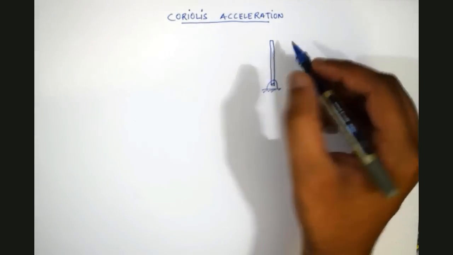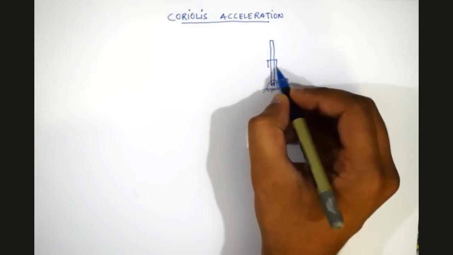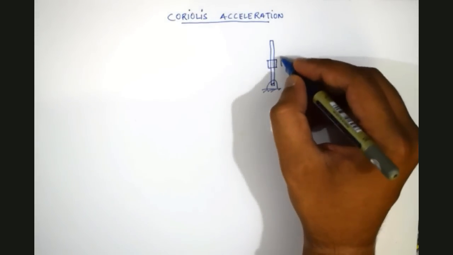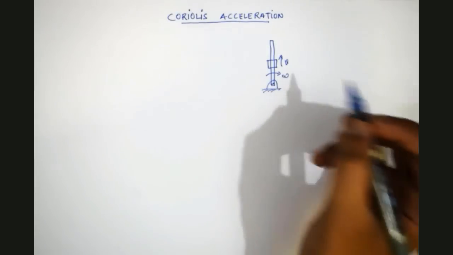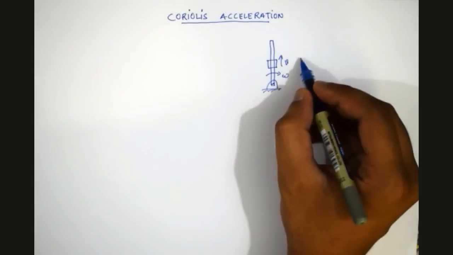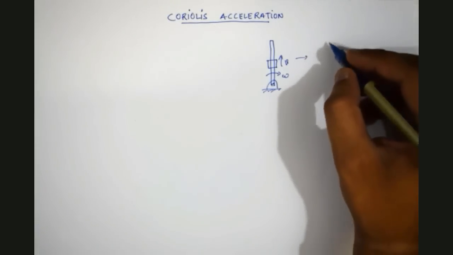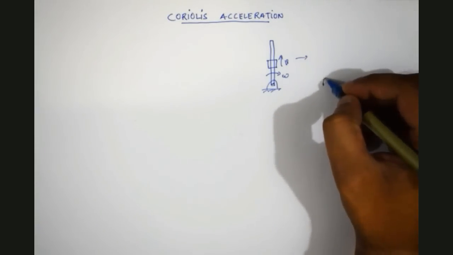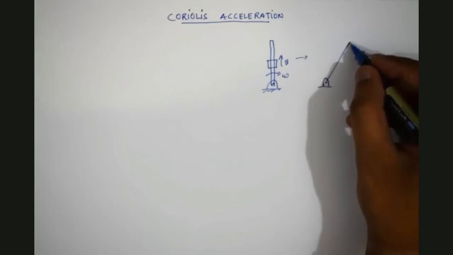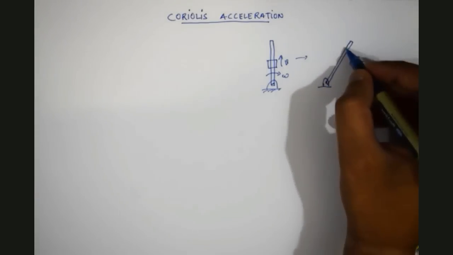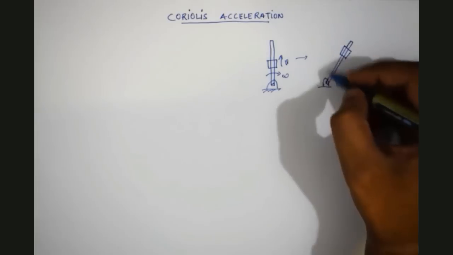Here we have a road, and on this road we have a slider. This slider is moving with velocity v, and this is rotating with omega. Now after some time, this will come here and the slider will come here.